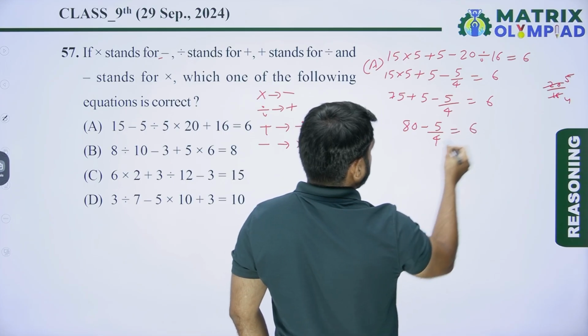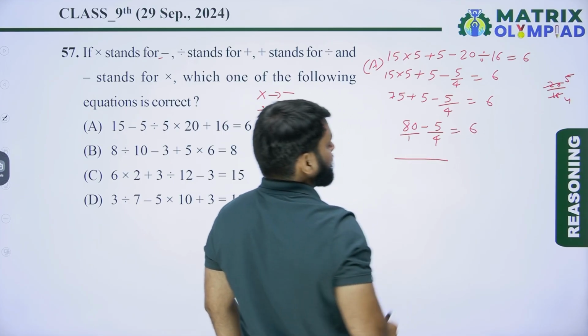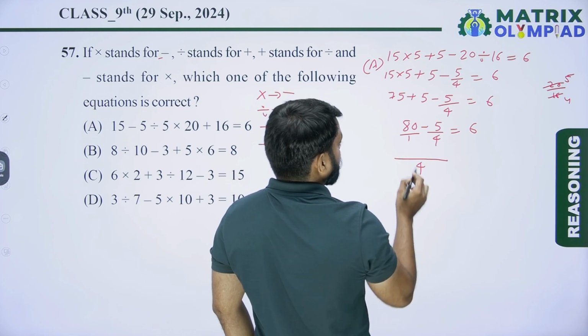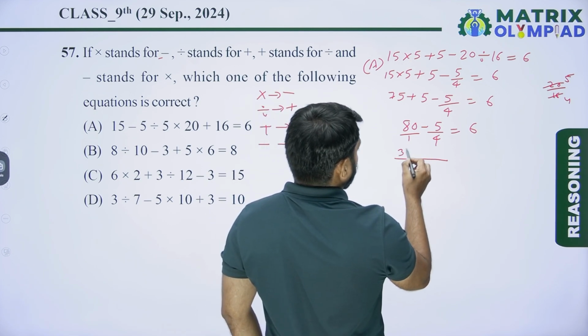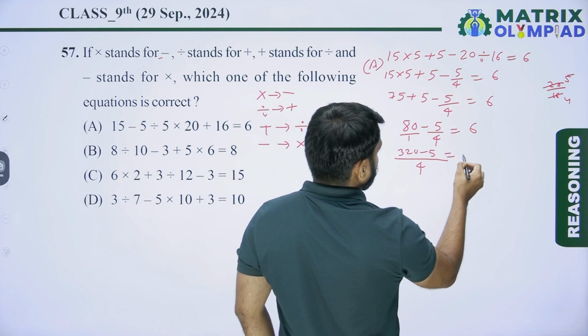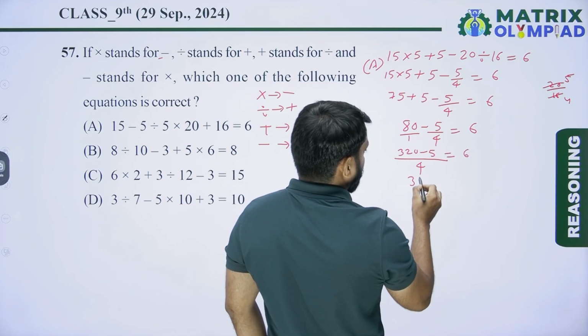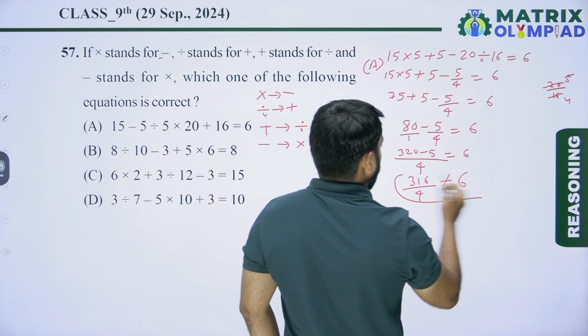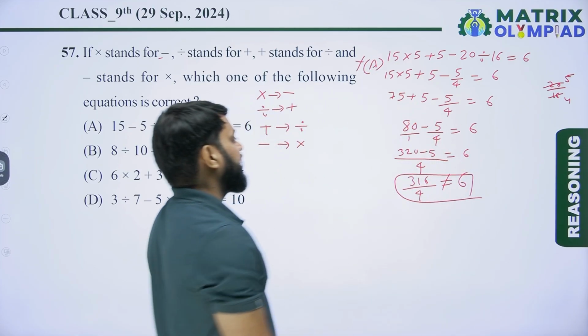Now taking LCM, LCM is 4. 4 into 80 means 320 minus 5, 315 divided by 4, never equals 6. So here option A is the incorrect option.